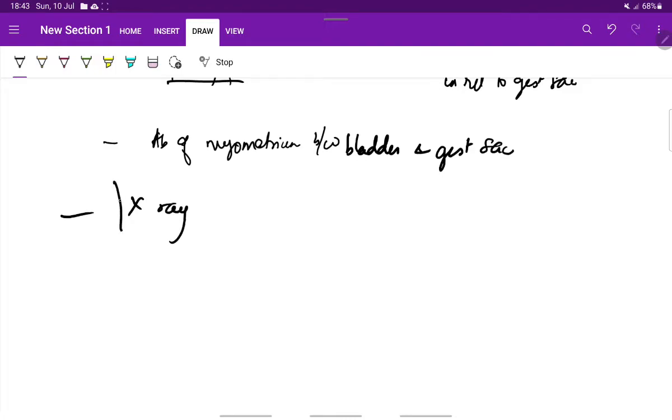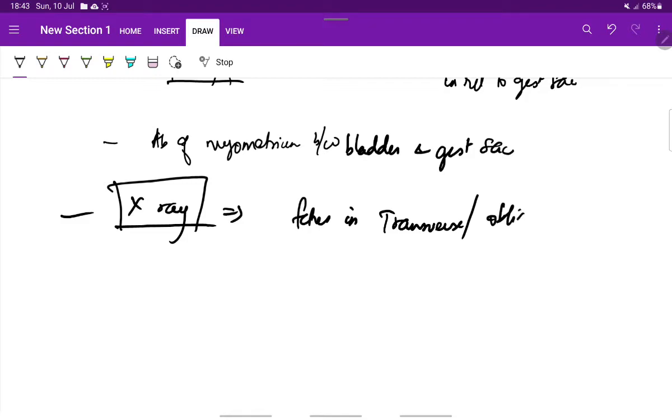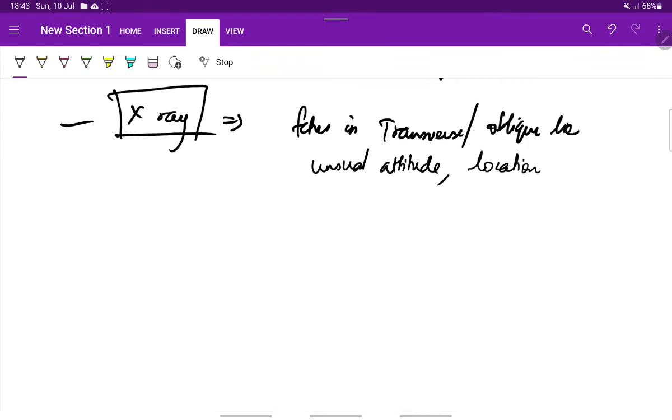Coming to the X-ray examination, which shows a fetus in transverse or oblique lie, in an unusual attitude and location. These are all the points for diagnosis. Coming to the treatment, surgery is the only treatment for an abdominal pregnancy.